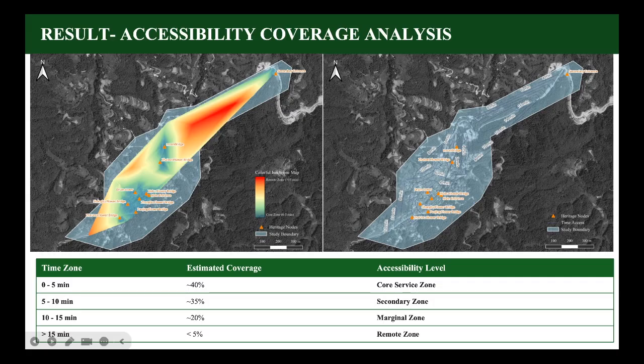As you can see, about 14% of the study area falls within the core service zone, which is 0 to 5 minutes. In total, nearly 75% is reachable within 10 minutes of walking, combining the 0 to 5 and 5 to 10 minute zones. This indicates that the key heritage nodes are relatively well positioned for walking-based movement in the village.